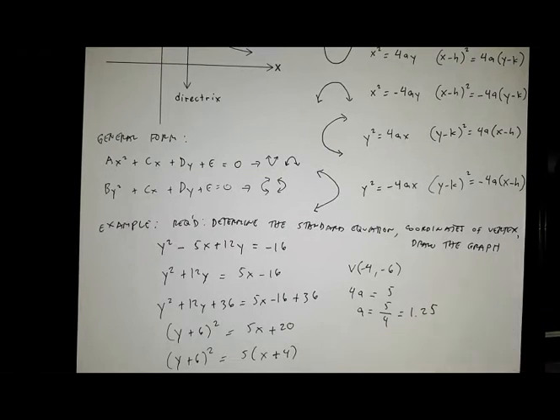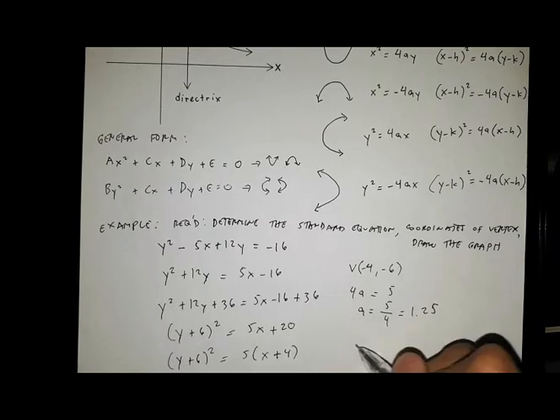So given the fact that we have the square on the y coefficient, we have a parabola that opens either to the left or to the right. Our 4a is positive, therefore the parabola opens to the right.